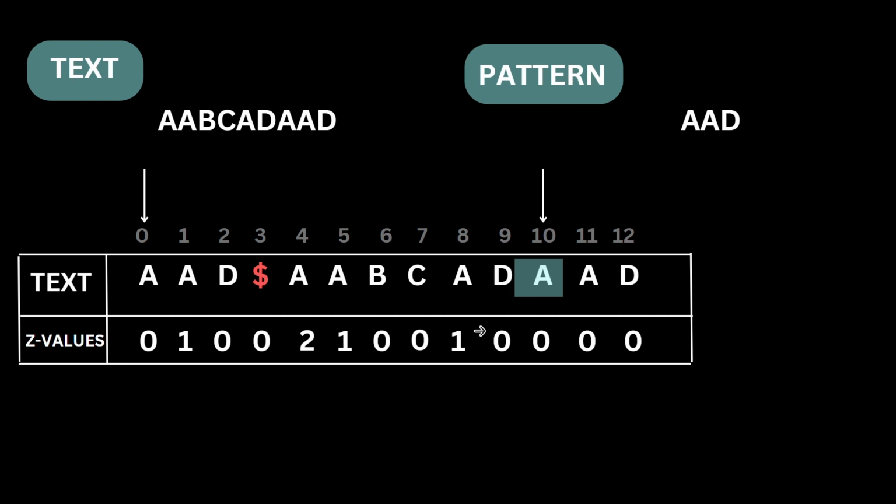Moving to index 10, the 10th index and 0th index are equal. Now we'll be moving indexes plus 1. The 11th index and 1st index are also equal, and similarly the 12th index and 2nd index are also equal, so the Z value of the 10th index is 3. Similarly, the value of the 11th index is 1 and the 12th index is 0.